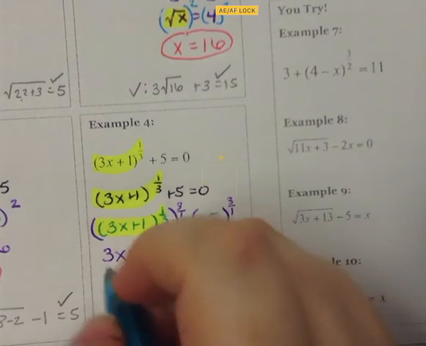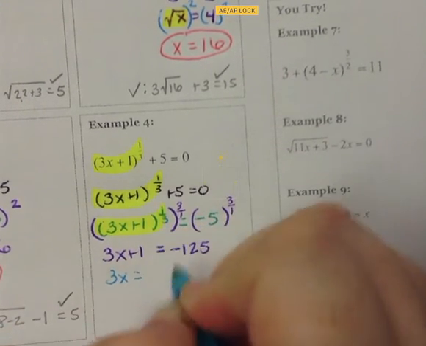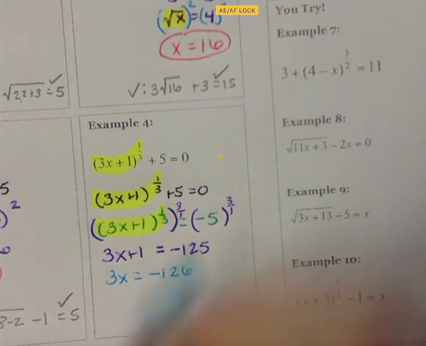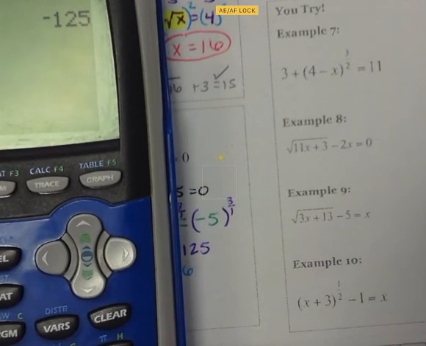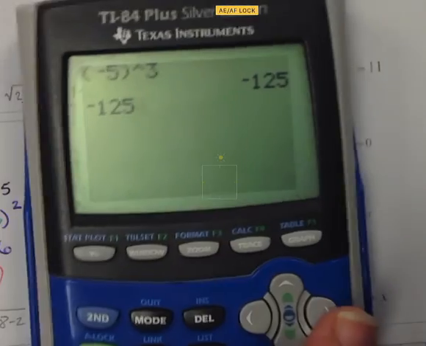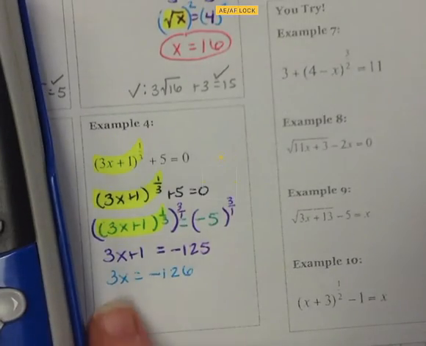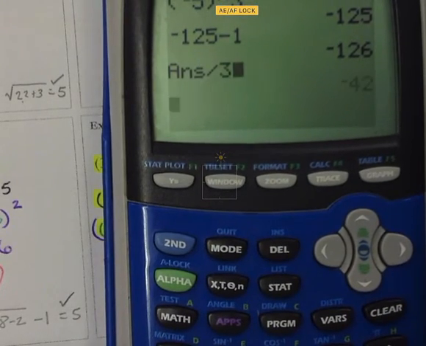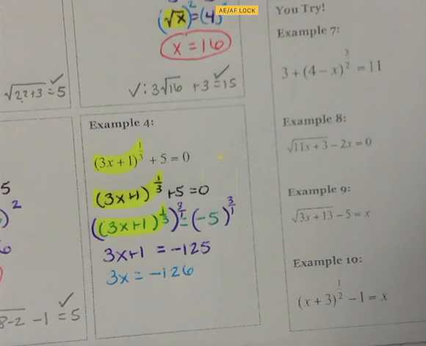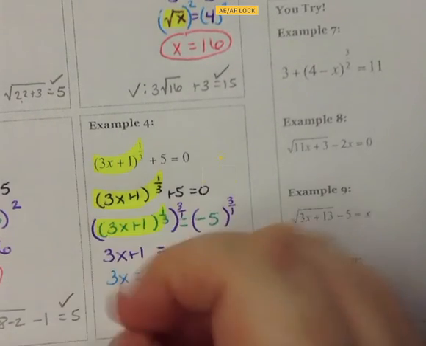Subtract the 1, we end up having 3x equals negative 126, because negative 125 minus 1 is negative 126. And then we have to divide both sides by 3. I get negative 42. So we end up getting x is equal to negative 42.